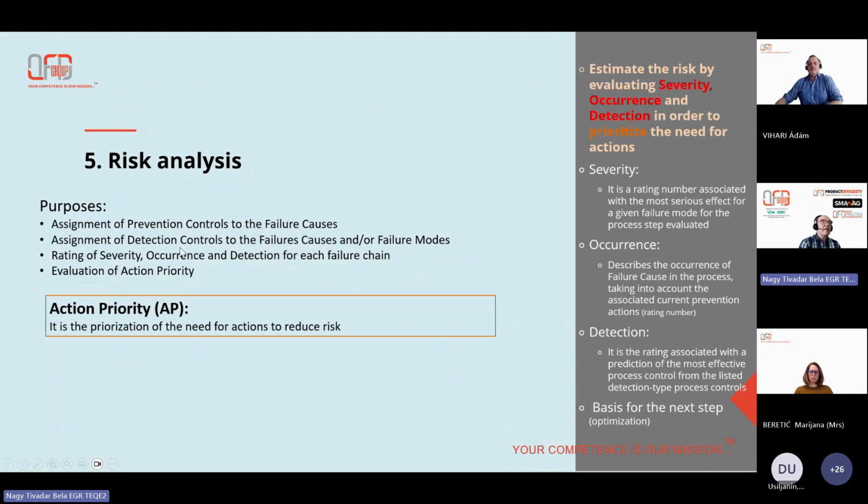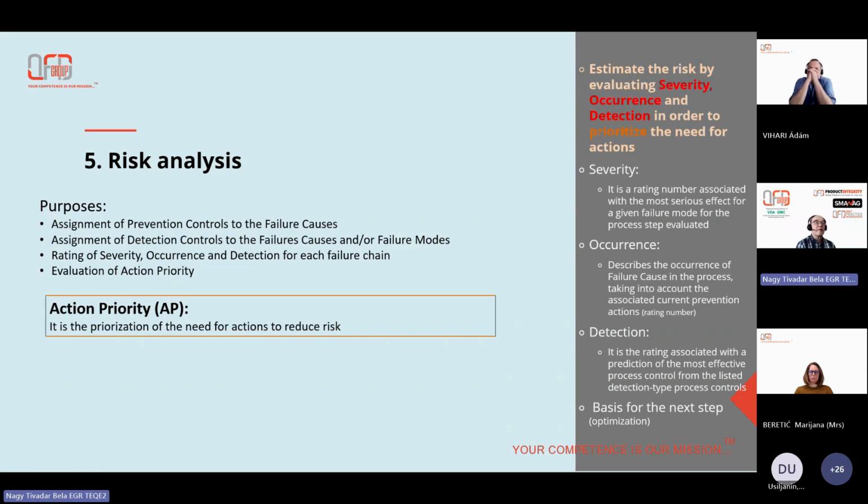This rating is an estimation. We have the rating table in the handbook, and we can use this table during the rating. So we estimate the risk by evaluating severity, occurrence, and detection in order to prioritize the need for action.